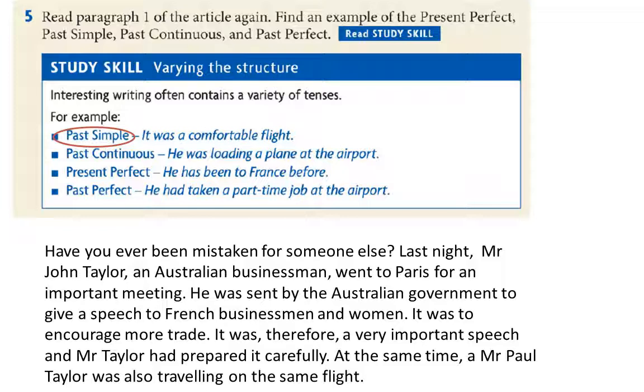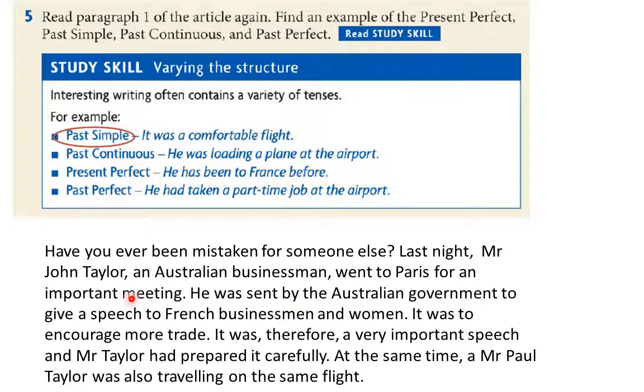Last week, Mr. John Taylor, an Australian businessman, went to Paris. Went is referring to the past, and because there is no other verb, no past participle, it means it is past simple. Went to Paris for an important meeting.